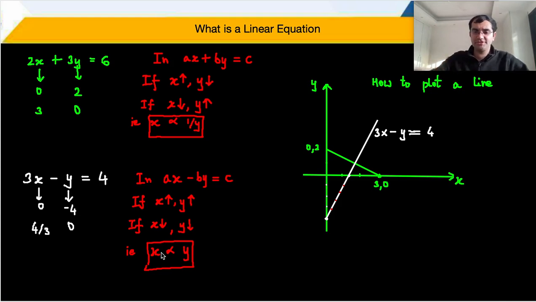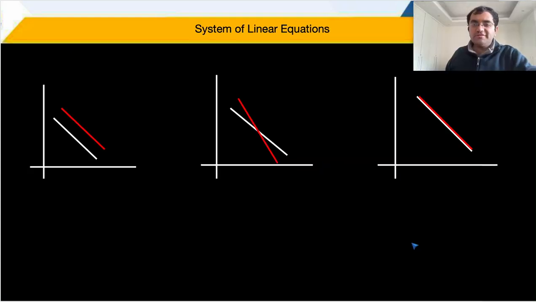There's a direct relationship. Now we will consider a system of linear equations, because whenever you get a question, it's possible that there is only one equation involved, but generally you will have 2 equations in 2 variables. And of course you can also have equations in more variables than that. So that is a little more of algebra, which will come a little later.